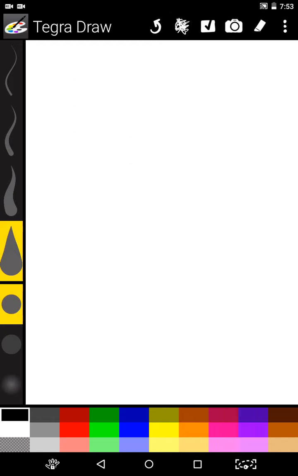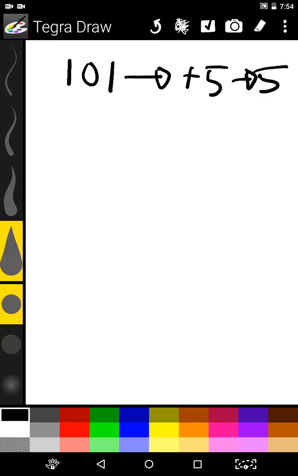Now, in unsigned representation, if a binary number 101 is given, what does it represent? The whole bit pattern represents the magnitude. Thus, it represents plus 5, or by default 5.